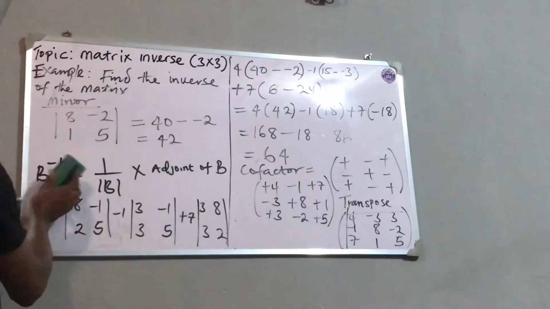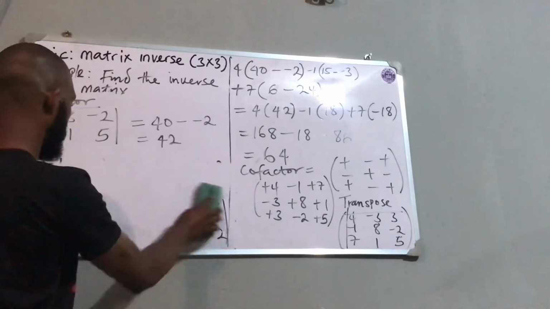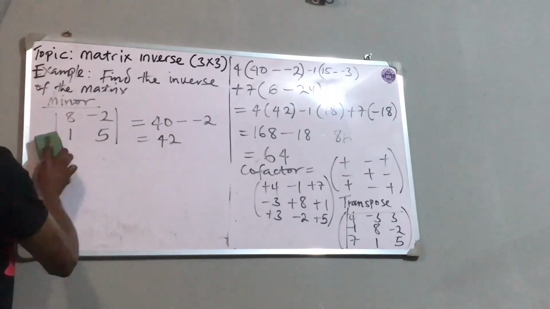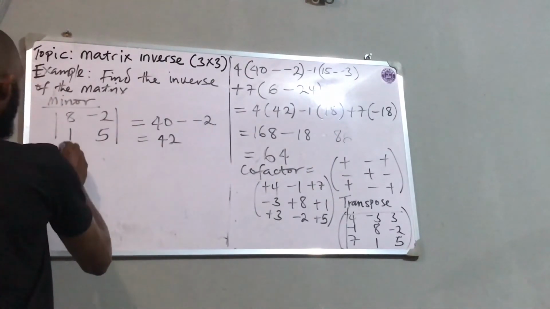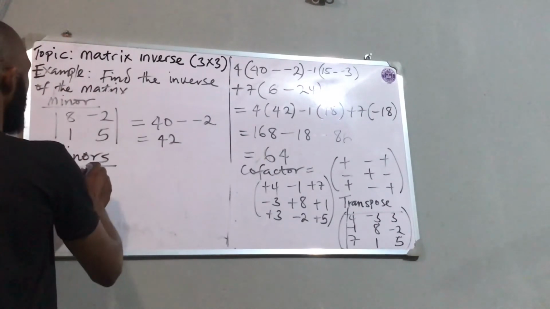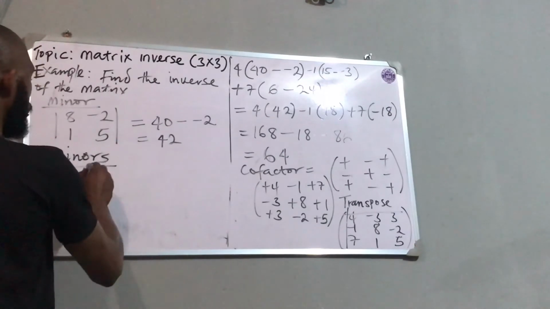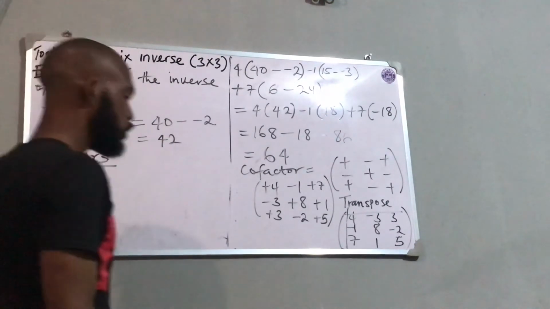our minor to be, first one we take 42, which is the one we just finished. 42.